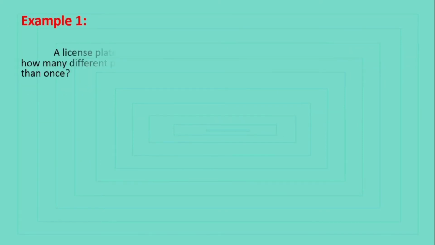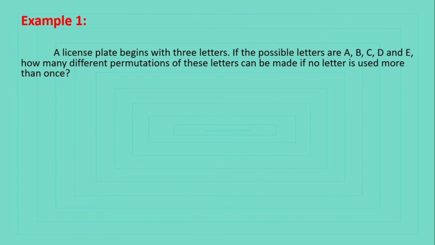Example 1. A license plate begins with 3 letters. If the possible letters are A, B, C, D, and E, how many different permutations of these letters can be made if no letter is used more than once? Here is the solution.